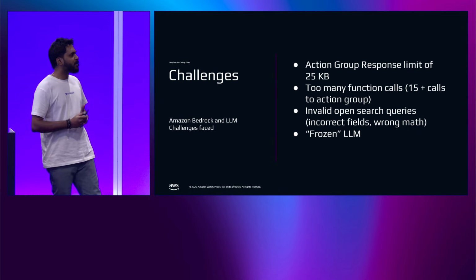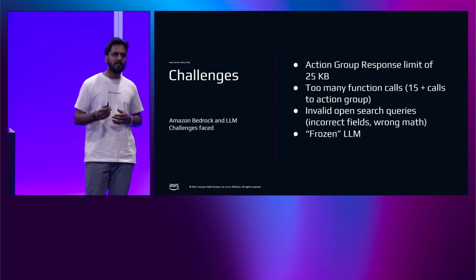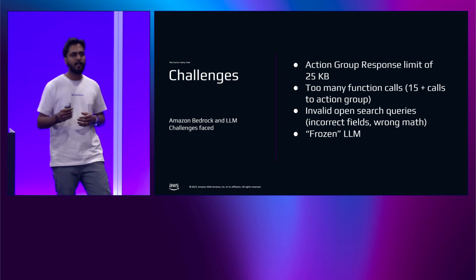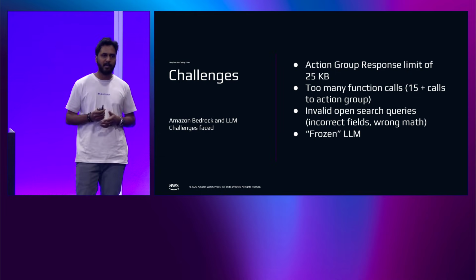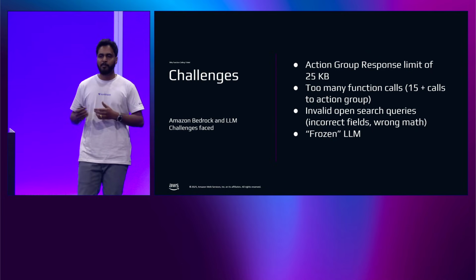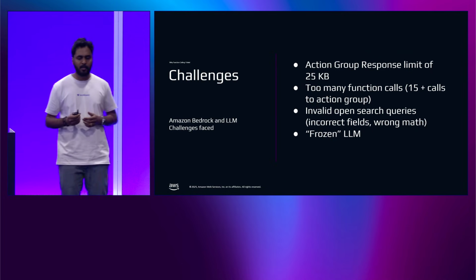The other problem we had is that the Lambda sending the response back to the LLM had a limitation that it cannot send more than 25 KB of data. Anytime that happened, the LLM executions failed. The next problem was too many function calls.